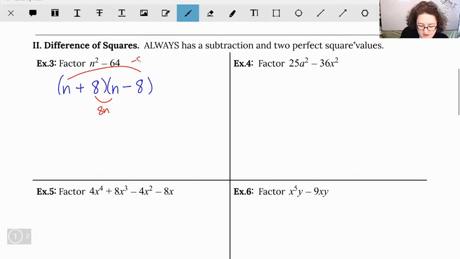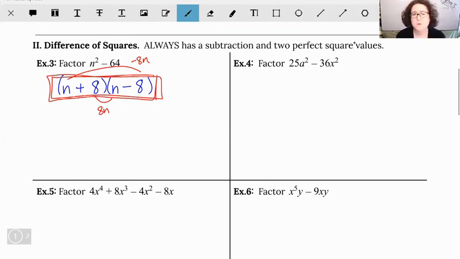We have a negative 8n from our outside terms, and those would cancel out, and all we would be left with is the n squared from multiplying the first 2 and negative 64 from multiplying the second 2. So our final answer ends up being n plus 8, n minus 8. And again, it doesn't really matter what order we write these factors in, as long as we have one that's n plus 8 and one that's n minus 8 in any order.